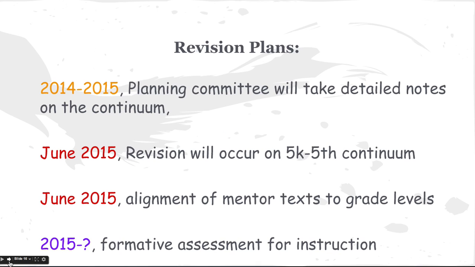The revision plans for this continuum are as follows. In 2014 and 15, a planning committee will take detailed notes on their use and facilitation of the continuum. In June 2015, there will be a 2-week revision session that will occur on the K to 5th grade continuum. In June 2015, alignment of mentor text to grades will occur, using authentic as well as translated text for specific purposes.